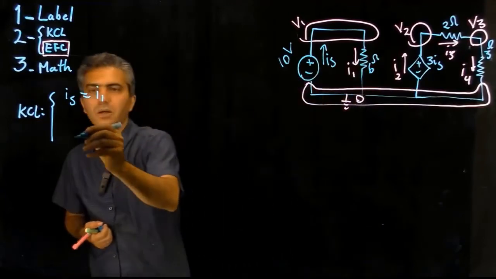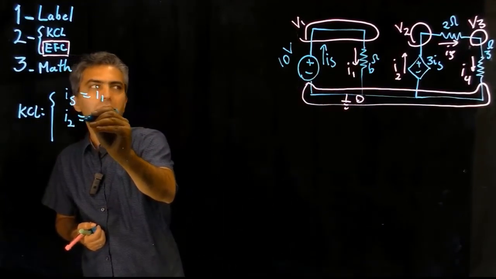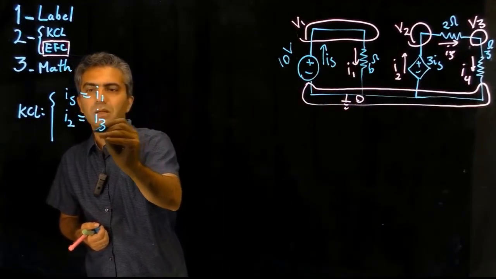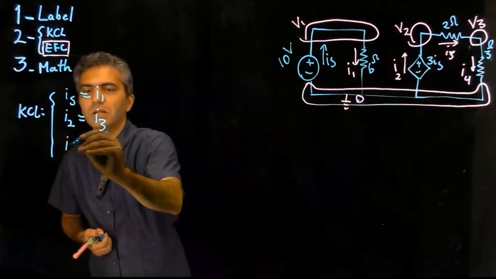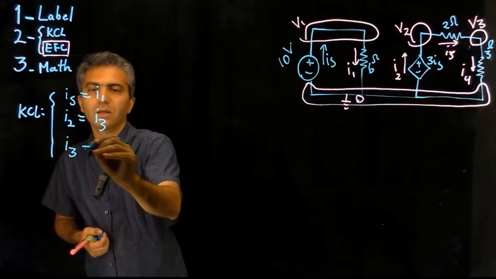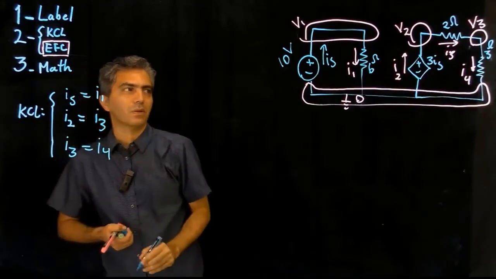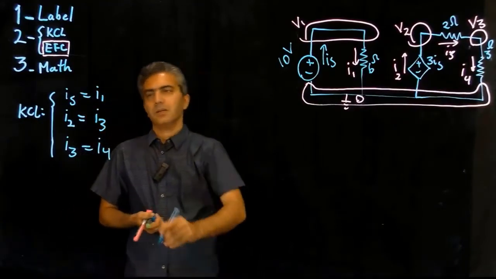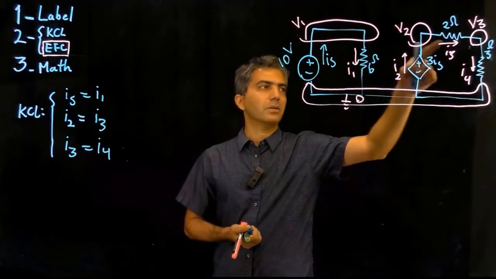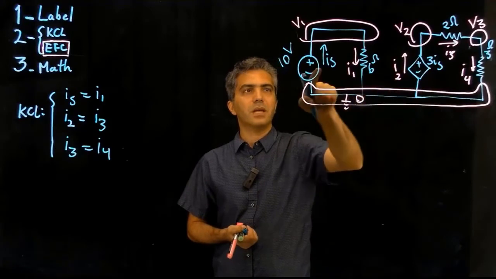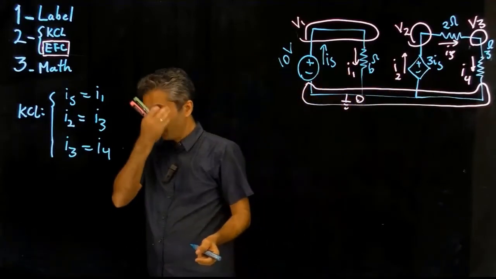For this one, current I2 is going into the node, current I3 is leaving the node. For this one, current I3 is going into the node, and I4 is leaving the node. So with simple KCL, we now know that these 3 currents are actually the same, and these 2 currents are the same.